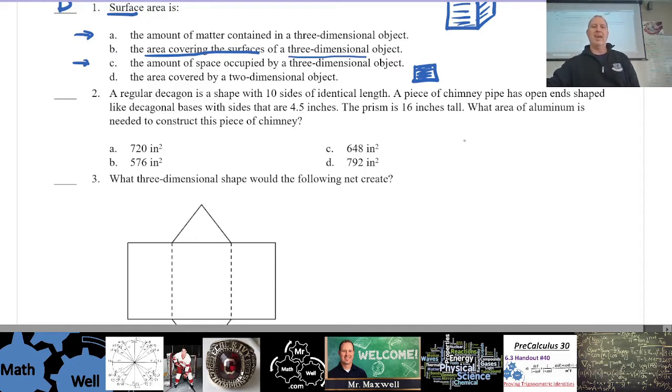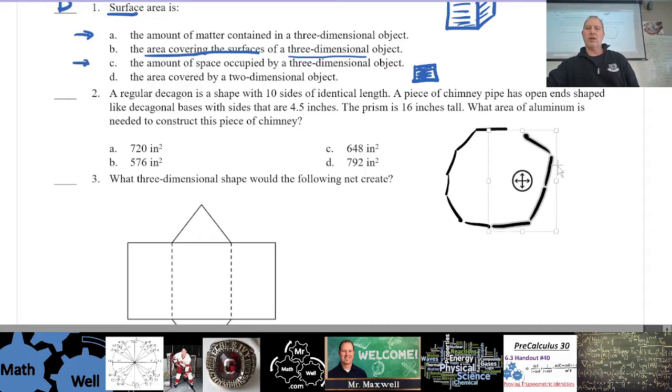Okay, so 10 equal sides. Now this might be tough to draw, right? You don't have to draw it perfectly, but let's just see. 1, 2, 3, 4, 5, 6, 7, 8, 9, 10. Okay, not very good, but you get the picture.